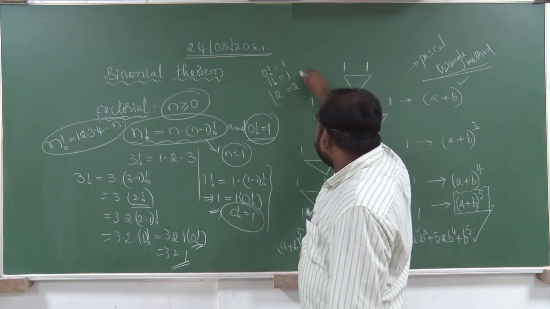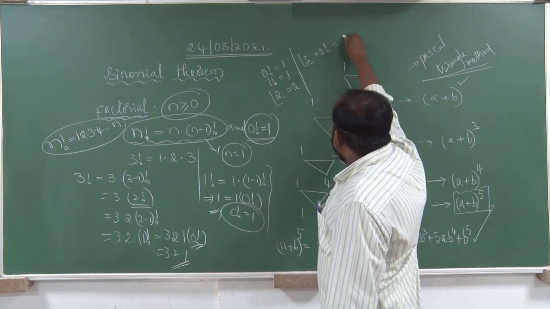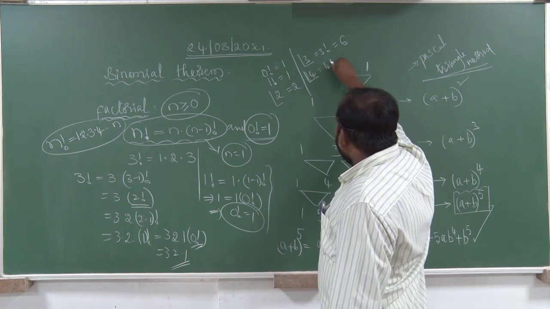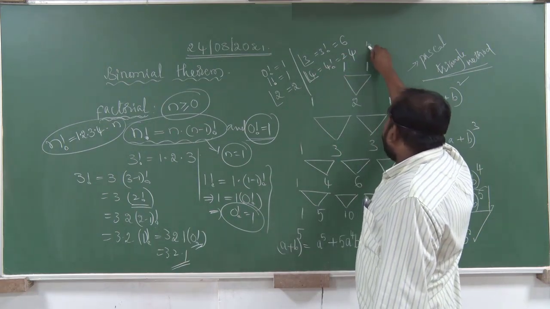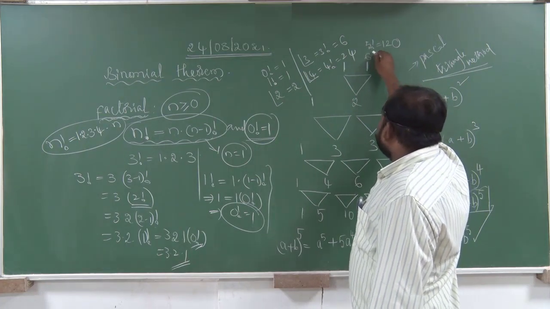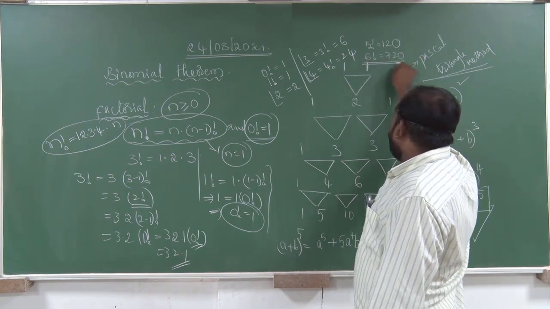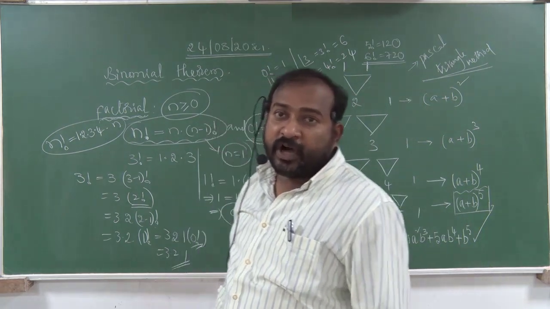2 factorial means 2. Next, 3 factorial is equal to 6. Next, 4 factorial is equal to 24. Next, 5 factorial is equal to 120. 6 factorial is equal to 720. 6 factorial means 1 into 2 into 3 into 4 into 5 into 6.